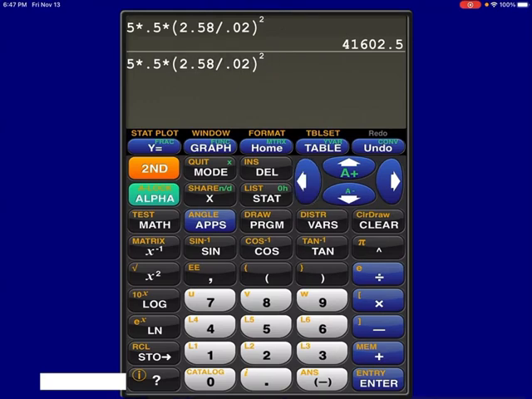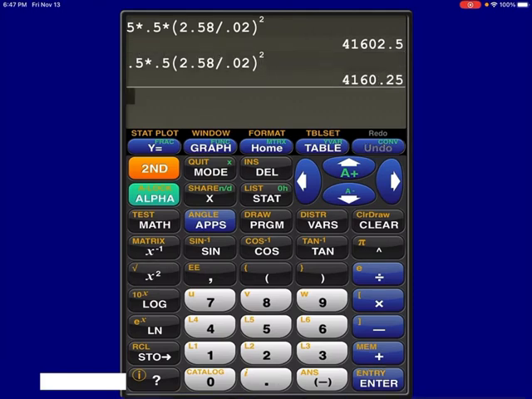You know what? I realized I made a mistake in the first one. I forgot to put the 0.5. I'm glad I saw that. Let me redo the first part, guys, because that was my mistake. Let's square it, and there we go.